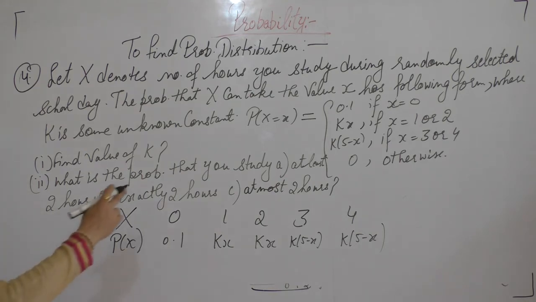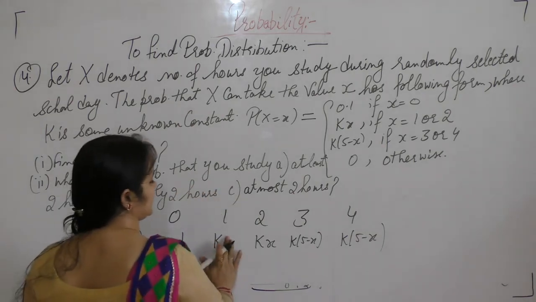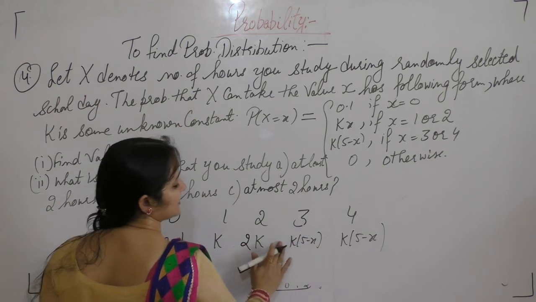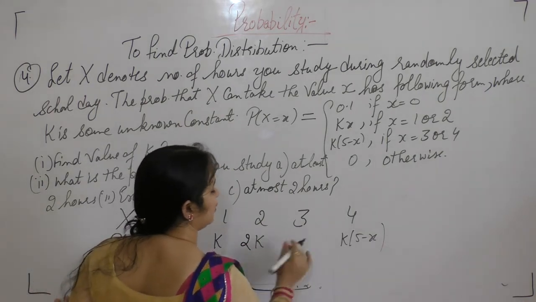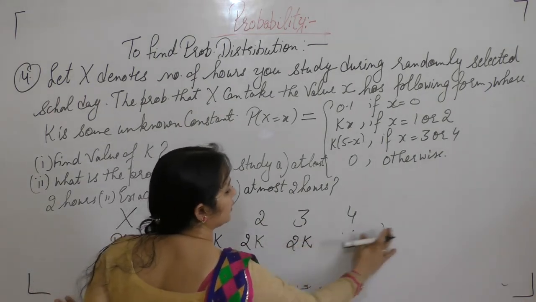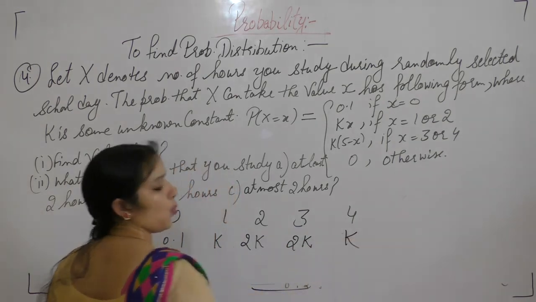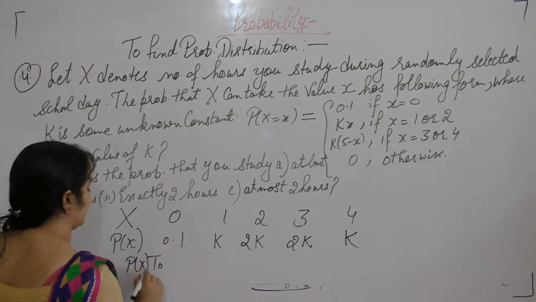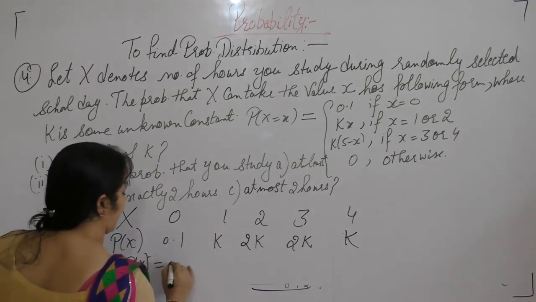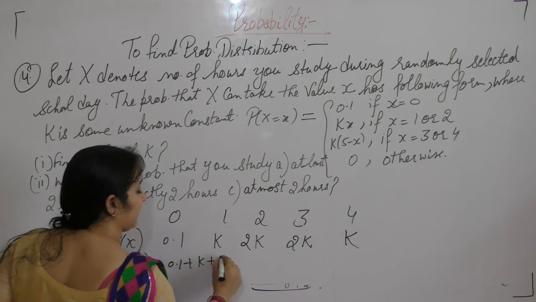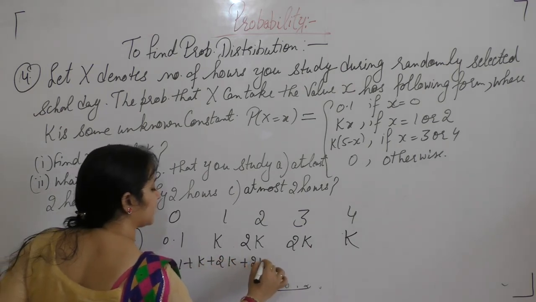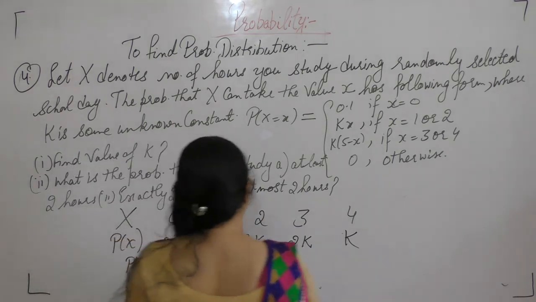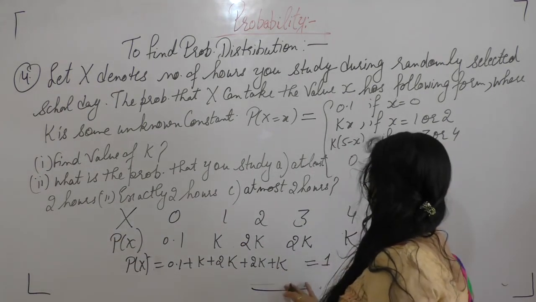When x is equal to 1 or 2, put the value of x there. When x is 3, 5 minus 3 is 2. And when x is 4, 5 minus 4 is 1. Now we know the total probability of p(x) is equal to 1. So 0.1 plus k plus 2k plus 2k plus k is equal to 1.